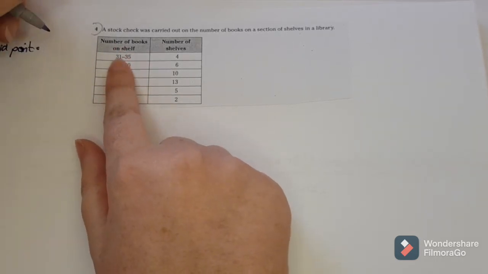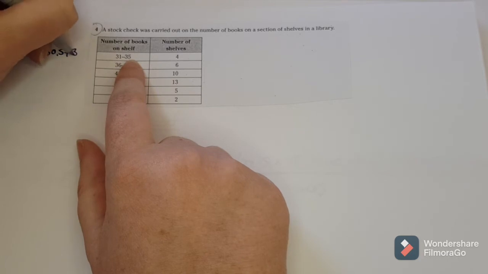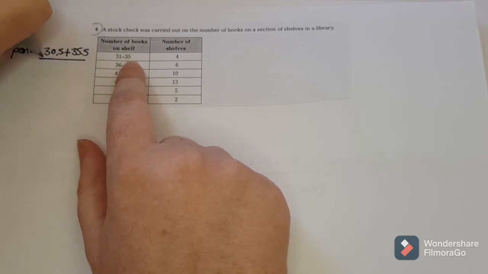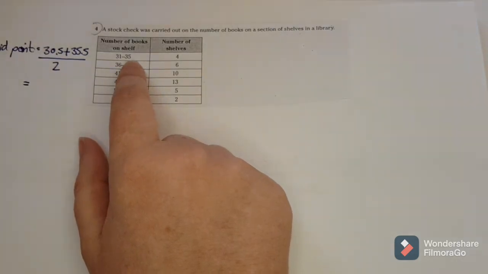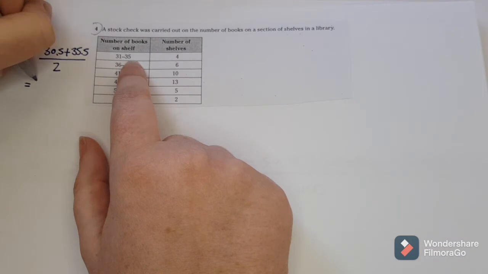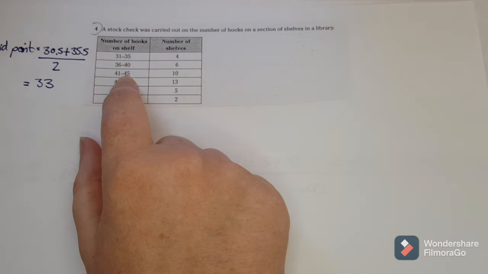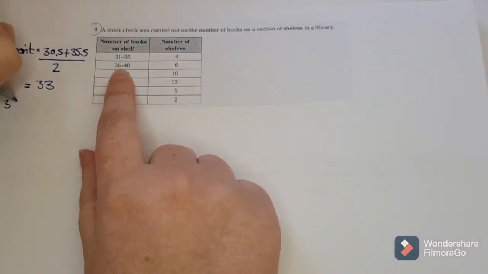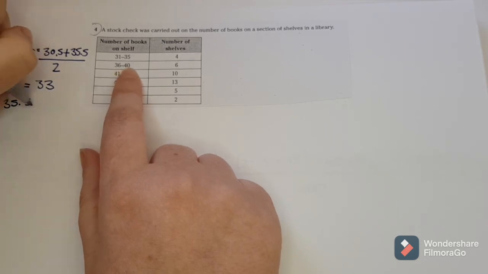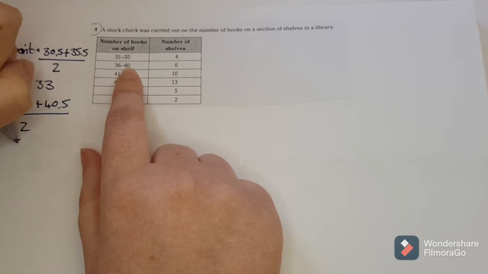So my midpoint, we can take 0.5 away from there, which would end up with 30.5, plus adding 0.5 to that side to make it 35.5, divided by 2 to give me my final answer of 33. So then I can do that for the next one as well. And I can say 0.5 from the beginning makes it 35.5, adding 0.5 to the end makes that 40.5, over 2.